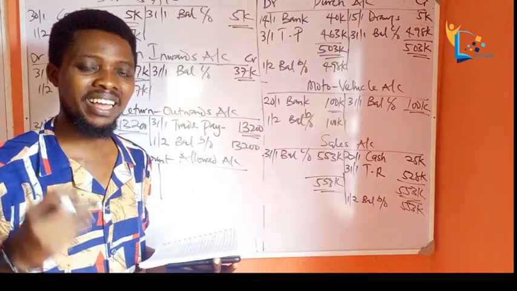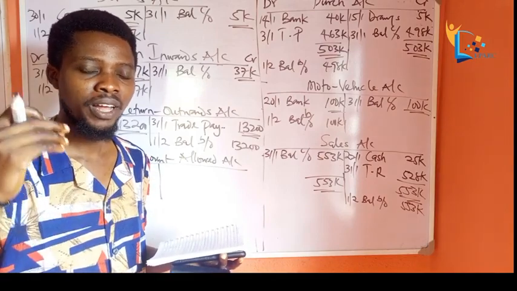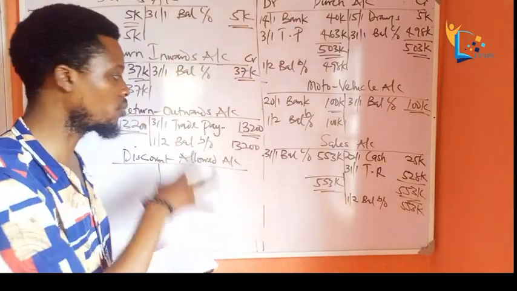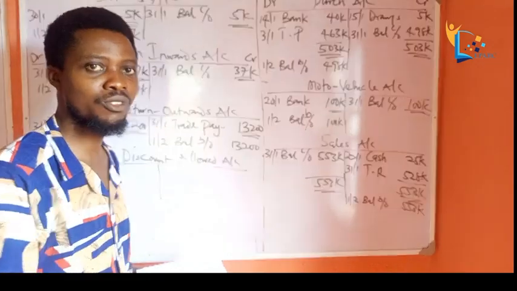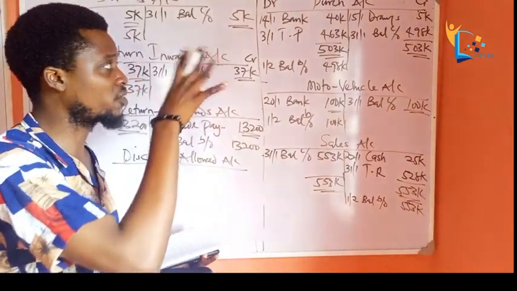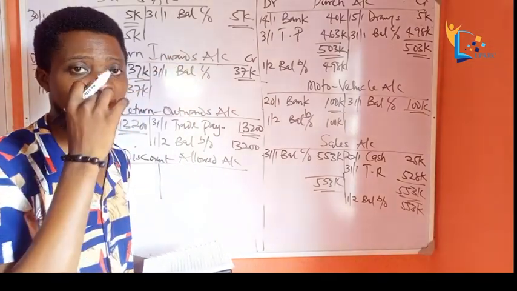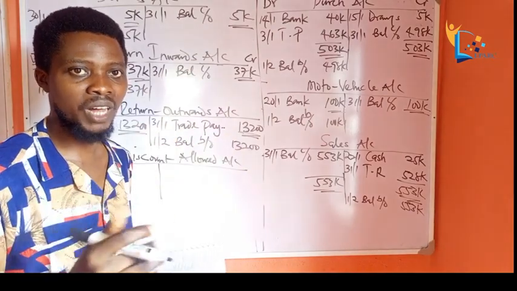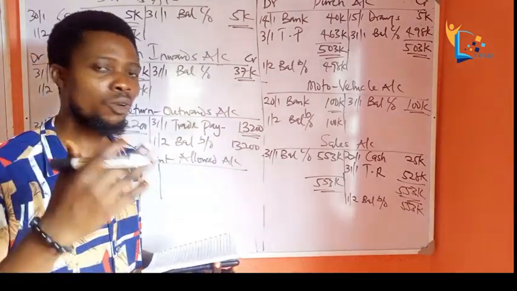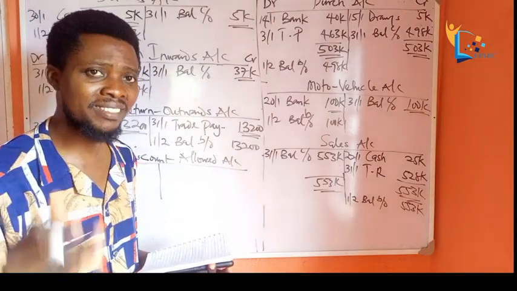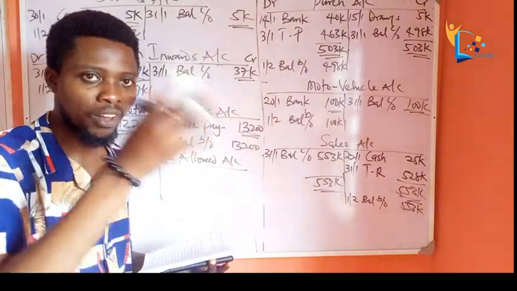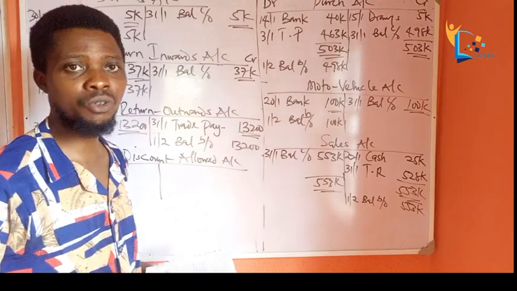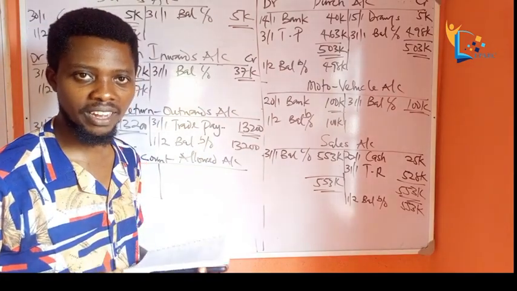Discount allowed account and discount received account are to be created, which is what we are doing. So the total from discount allowed, you move it to discount allowed account. It's not a book, it's a column in the cash book, but you don't balance it like you did the cash and the bank column. You only total it, then move the total to discount allowed or discount received account. I hope that is clear.